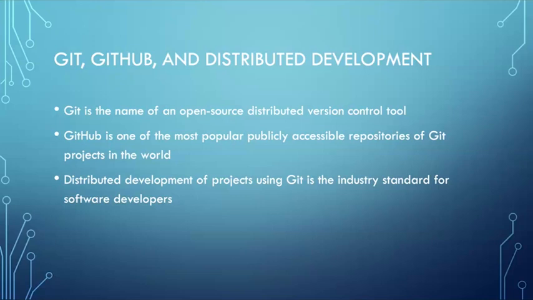They're somewhere else doing their own thing, and you can take their changes and your changes and merge them together into a final product that actually works. And that is the heart of distributed development. And the website GitHub is just a place where these Git repositories, as they're called, where the projects live.